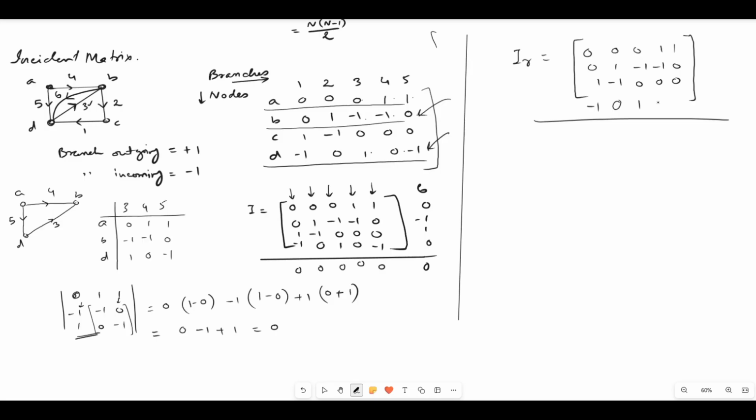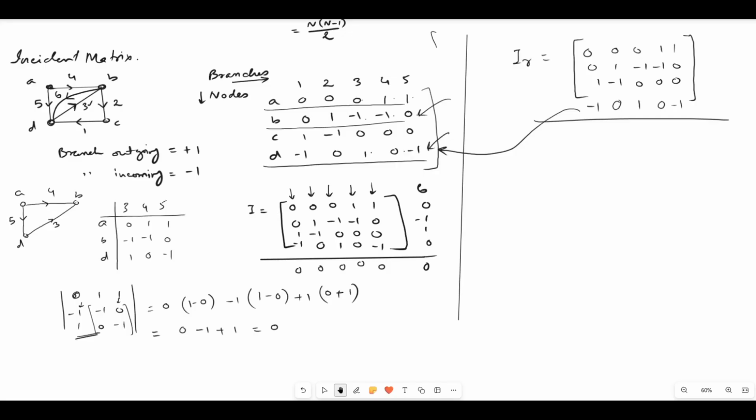In the fourth case it is already complete, so it will be 0, and in the fifth case it will be minus 1. So now if we match this, we have minus 1, 0, 1, 0, minus 1, so we have it here. So if we have the reduced incidence matrix, then we can simply determine the incidence matrix.